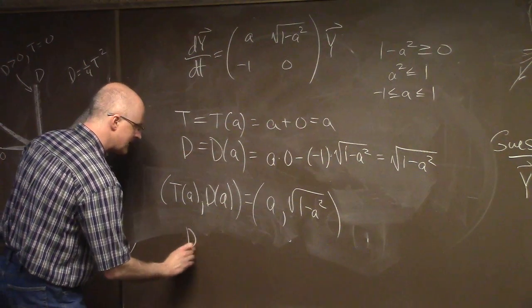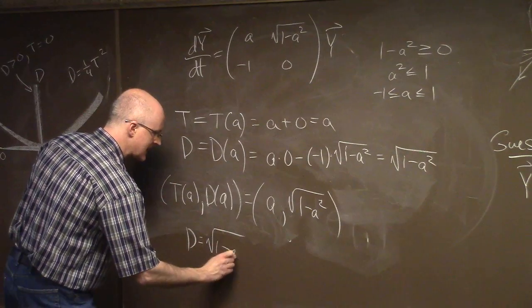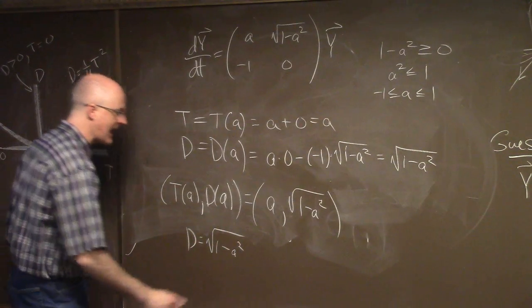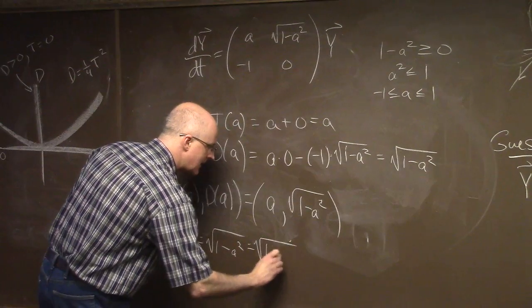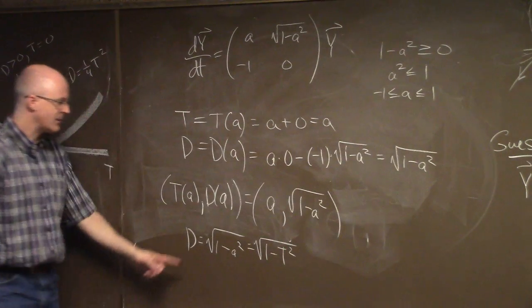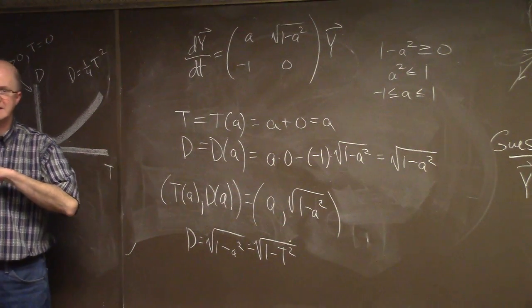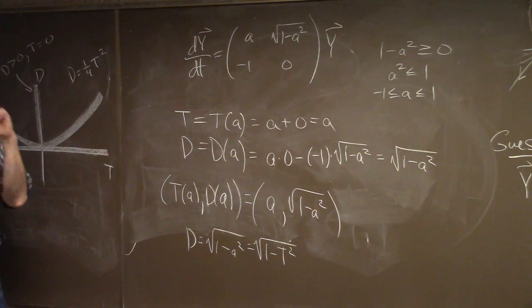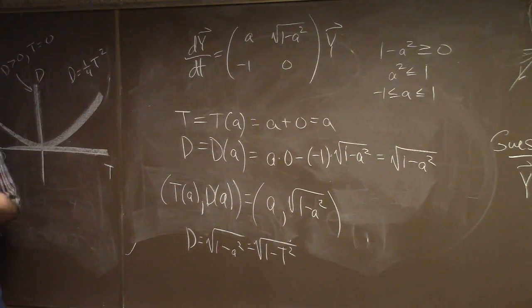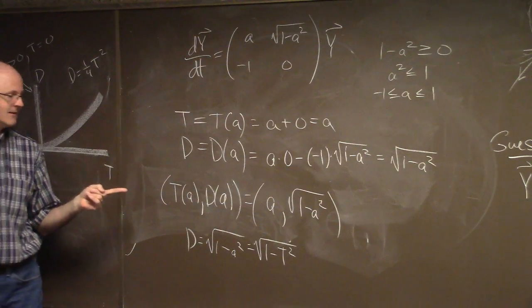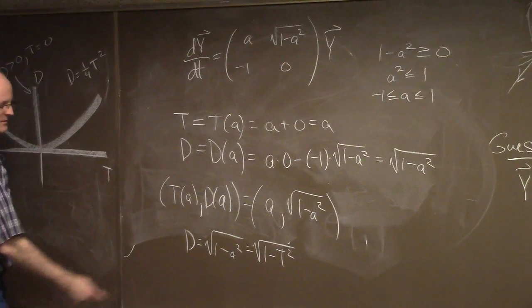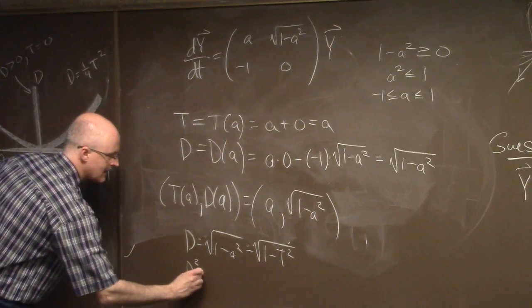D here is the square root of 1 minus a squared, and since t is a, no matter what a is, we always satisfy that equation, which I hope you remember has a graph that's the upper semicircle of the unit circle, in fact. You square both sides.